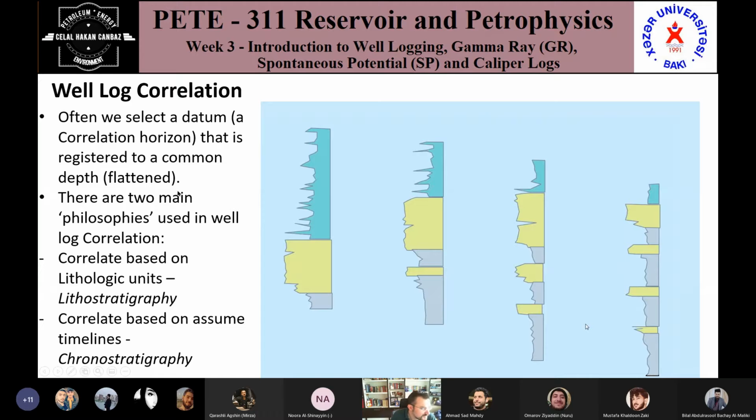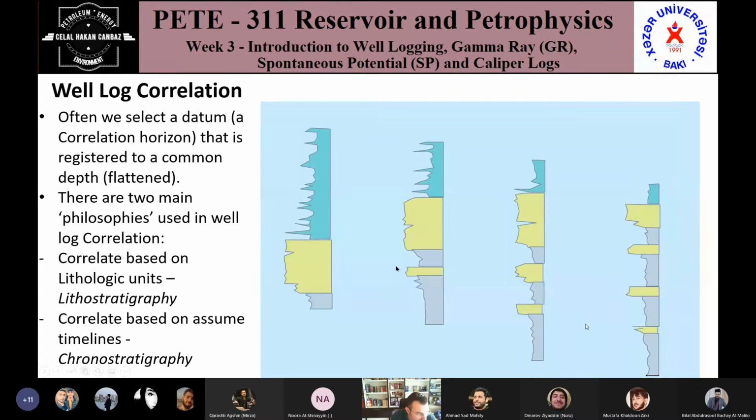Two philosophies are used in well log correlation. The first one is lithostratigraphy: you correlate based on your lithologic units. If you correlate based on the timelines, you say chronostratigraphy.